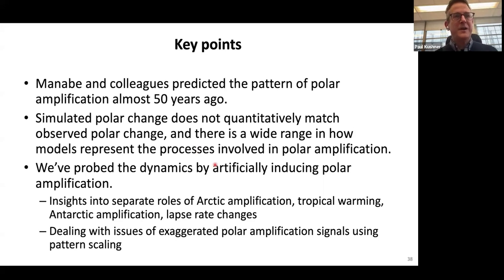And I skipped some of those slides, but I think you get the point. And so we've probed the dynamics of Arctic amplification by inducing it in these models. And I think we're gaining insights into the separate roles of tropical warming, Arctic amplification, Antarctic amplification, which is only now really becoming apparent, lapse rate changes, and so on. And we're using the same kind of methods of pattern scaling to deal with these issues of exaggerated polar amplification in some of our simulations.